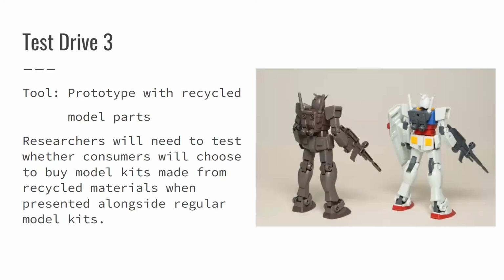And the third tool would be a prototype for a recycled model to see if the users would actually buy models made of recycled parts, as currently the recycled models do not have color, which can be important to some users.